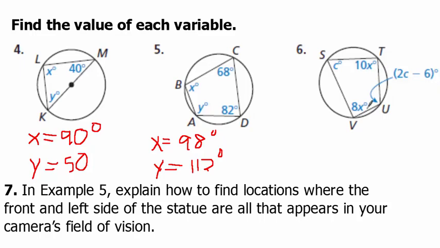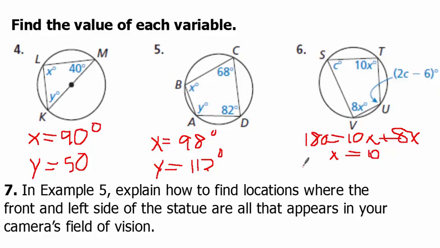This is a slightly more difficult problem. First off, what we know about these two opposite angles is they add to 180. So we have the equation 180 equals 10x plus 8x. So that's going to give me x is 10.